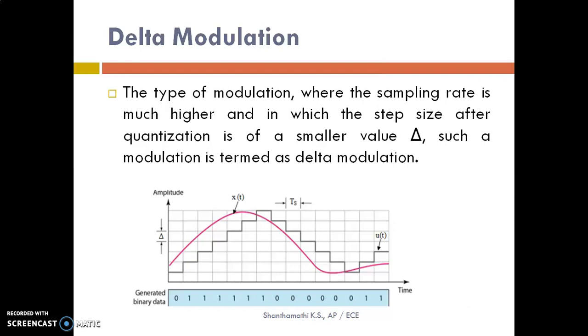If the difference is negative, the approximated signal is reduced by del. When the step size is reduced, 0 is transmitted. If the step size is increased, 1 is transmitted. Hence, for each sample, only one binary bit is transmitted.